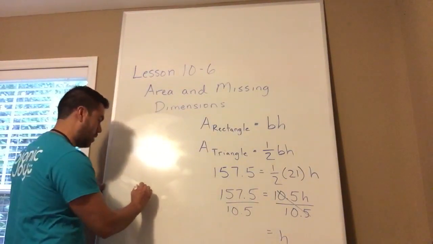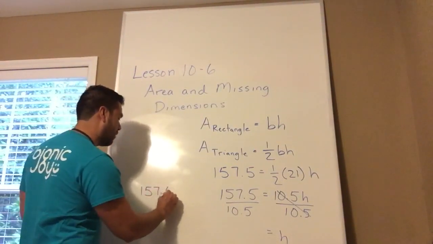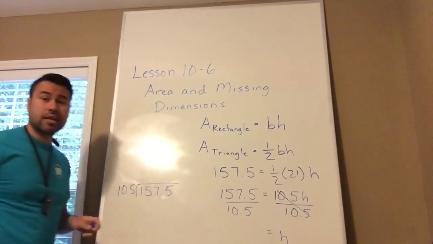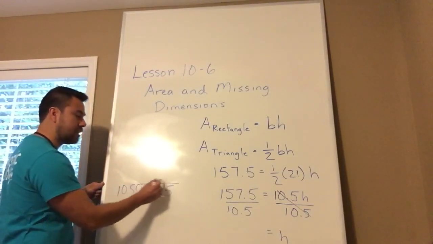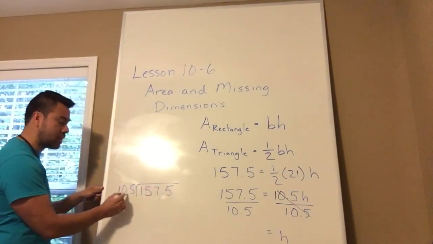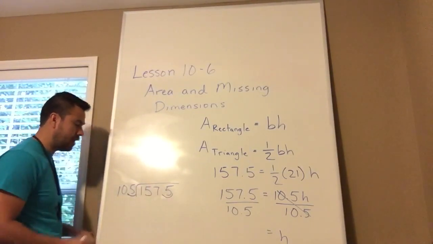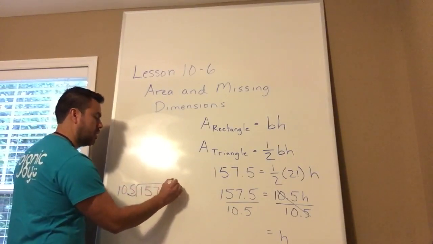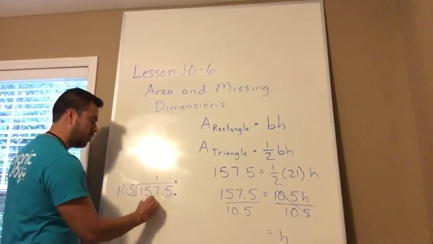Now I'm going to work out 157.5 divided by 10.5. I hope you can see that. When you're dividing decimals, it's okay to have a decimal in the dividend, but the divisor cannot have that decimal point. So I move it once there, but then I have to move it there. All right, 105 goes into 157 once, 105.